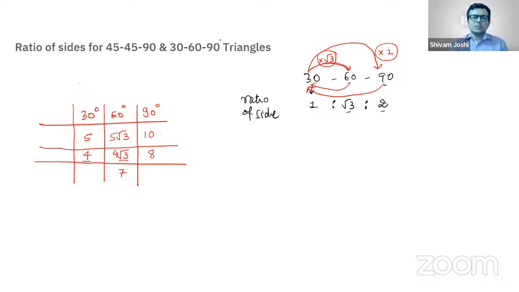So keep things simple. 30 to 60, you already know, multiply by root 3. 60 to 30, divide by root 3, which means this has to be 7 upon root 3. If the side opposite to 30 degrees is 7 upon root 3, the side opposite to 90 should be twice of it, which is 14 upon root 3. I hope this is clear.